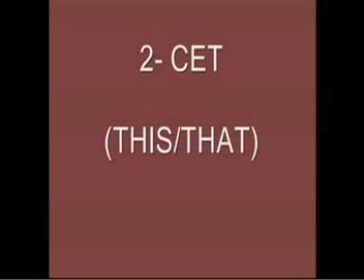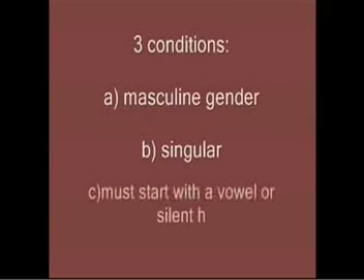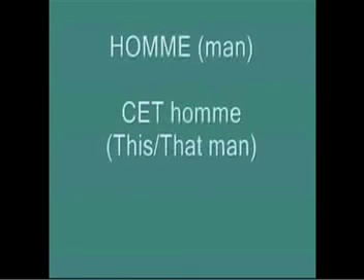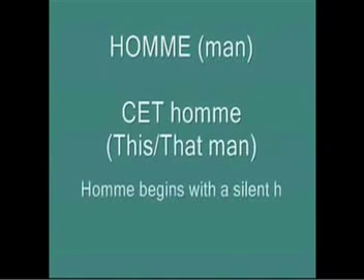So use cet if the noun that you wish to indicate is masculine, singular, and starts with a vowel or silent H. For example, the word man in French starts with a silent H. You will need C-E-T, so you will say cet homme, this man or that man.